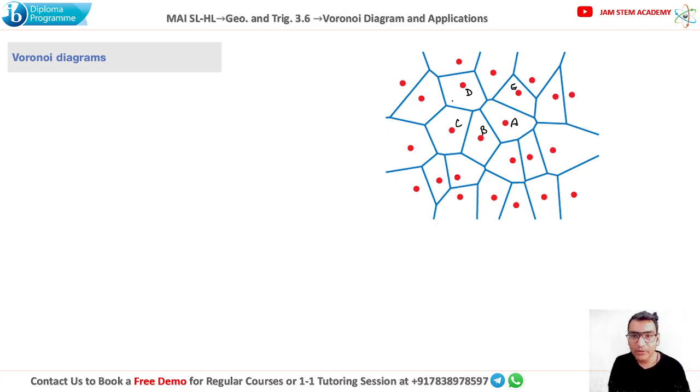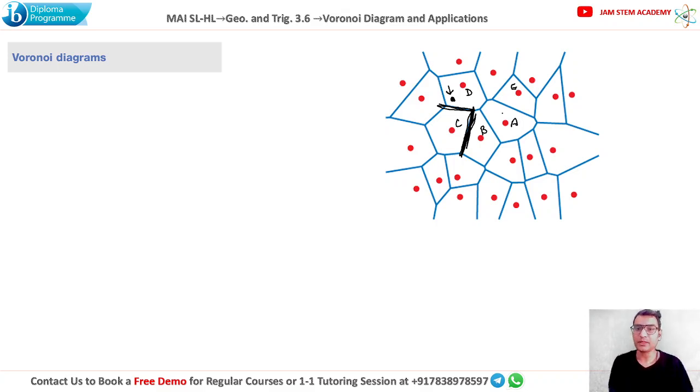If a person is calling from this region, it will be better if D delivers, right? How can we find that? We can find the perpendicular bisector. Actually, these lines are nothing but perpendicular bisectors, like this one here, which is the perpendicular bisector of CB. From the previous session, we have already seen how to find the equation of a perpendicular bisector.